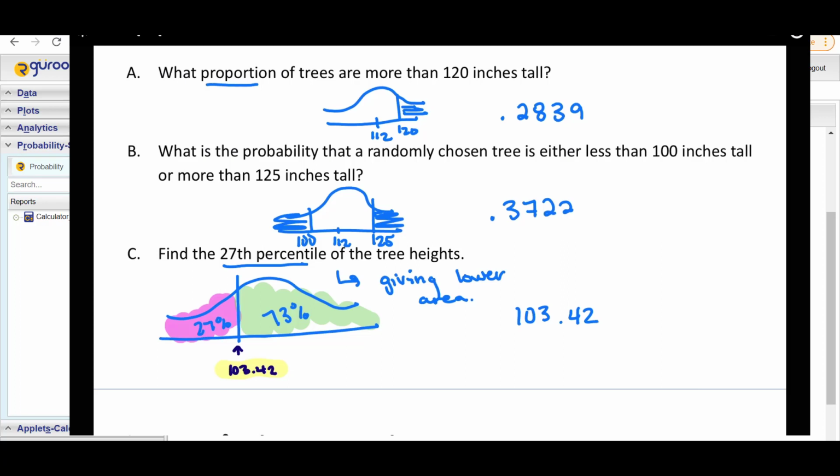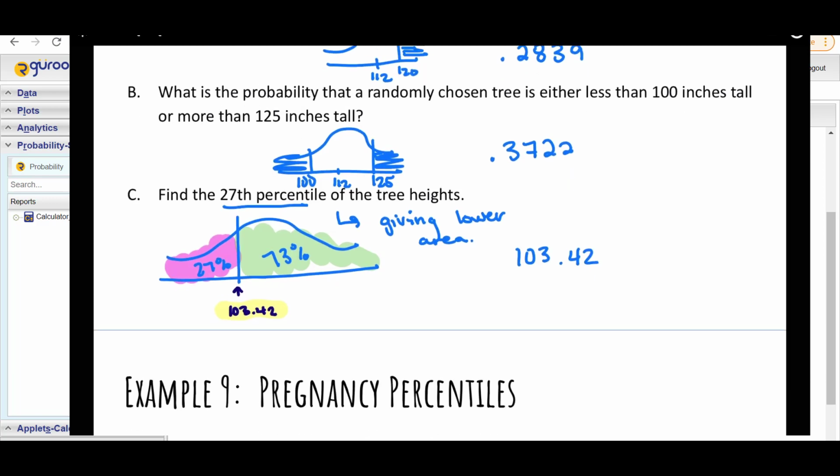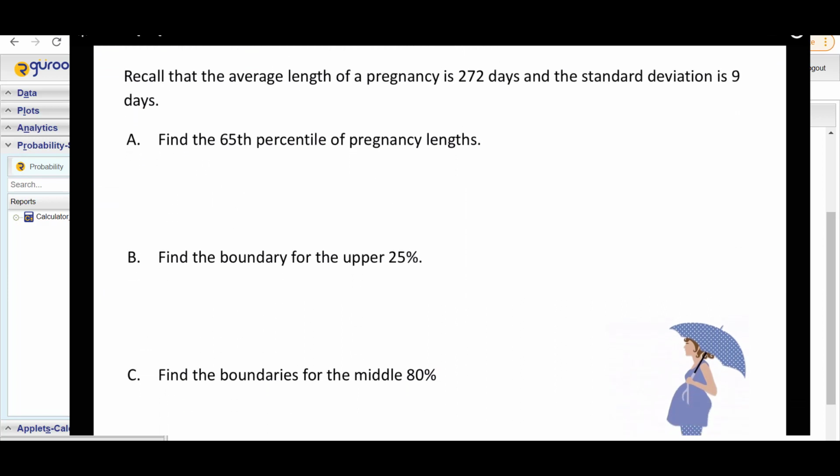They could also ask you for percent, which is different than the word percentile. So probability, proportion, percent, you're going to go from values to probability. Any kind of boundary, again, you're going to go from probability to values. All right, so let's look at a couple more.